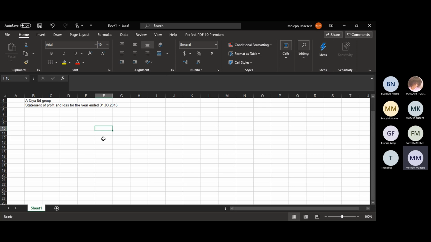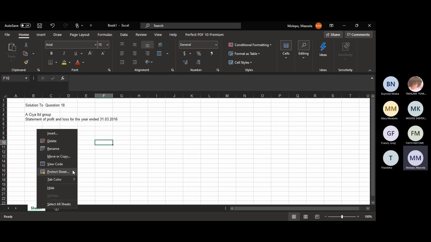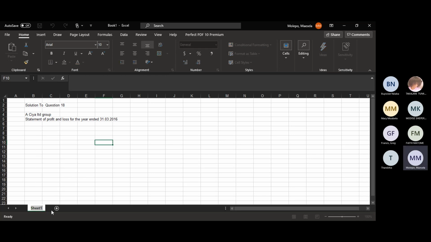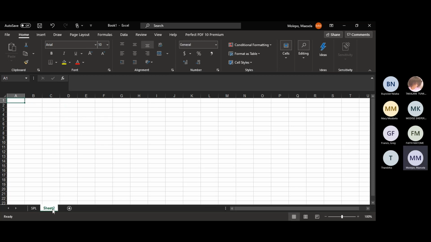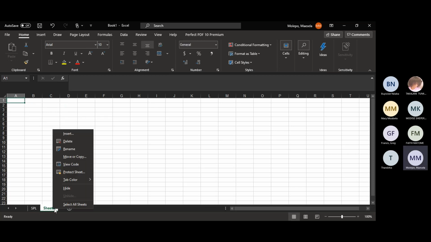Then we're going to have the calculations. So our calculation will be, let me do it here, it will be SPL. Then here it will be the SFP, or let me do the SCE.